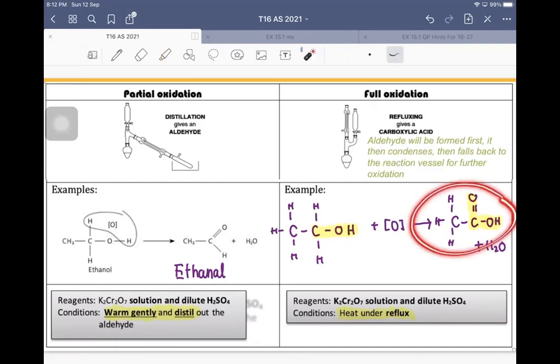It is important that if you want to collect an aldehyde, please specify the setup to be a distillation setup. If you don't specify, you may be penalized, you may lose marks, or it is assumed that you are expected to collect carboxylic acid, right? You can pause your video here.